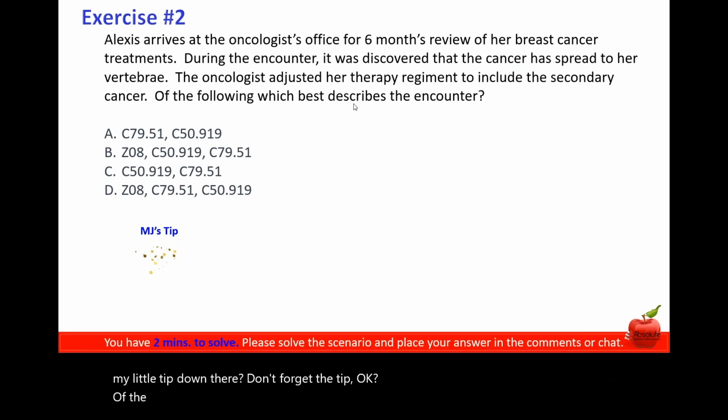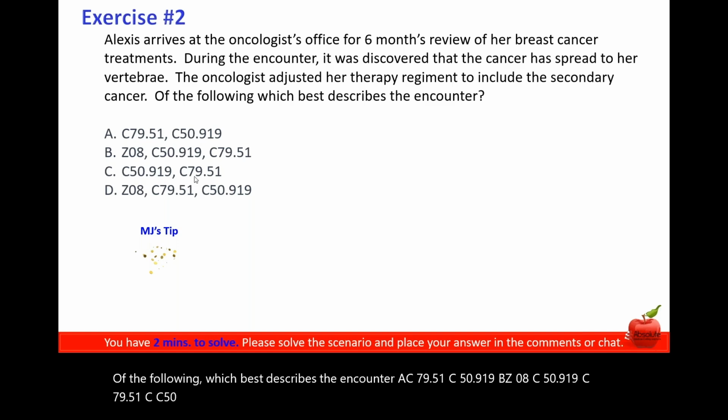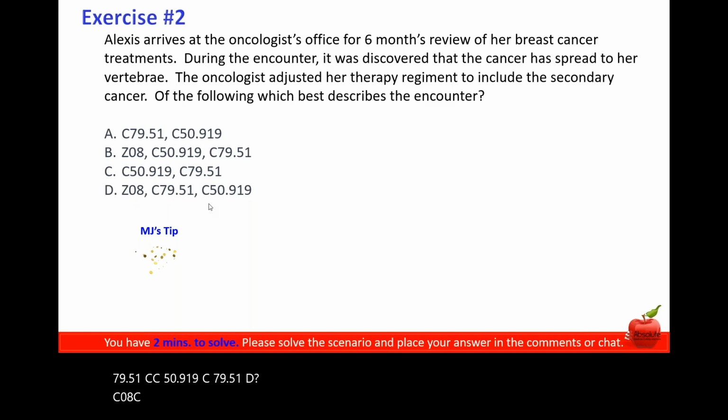Of the following, which best describes the encounter? A, C79.51, C50.919. B, Z08, C50.919, C79.51. C, C50.919, C79.51. D, Z08, C79.51, C50.919.